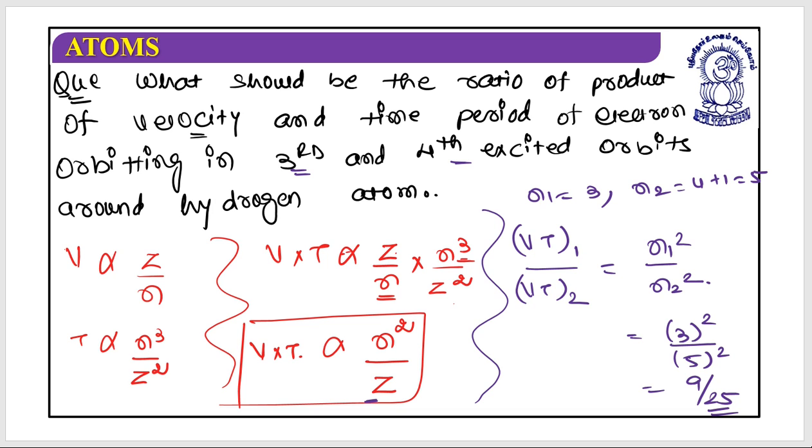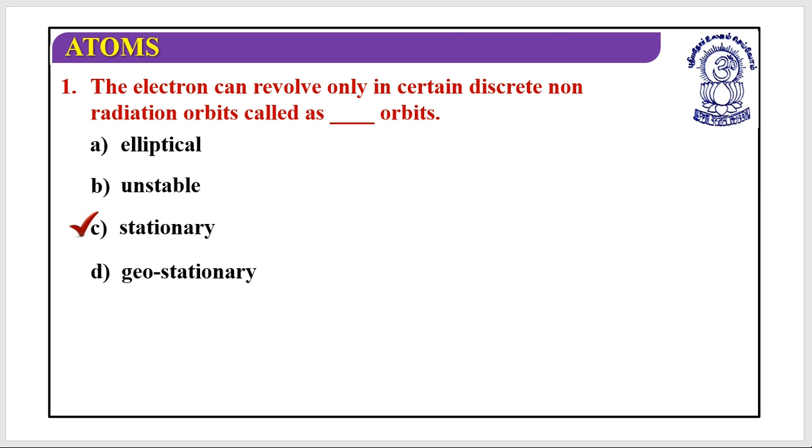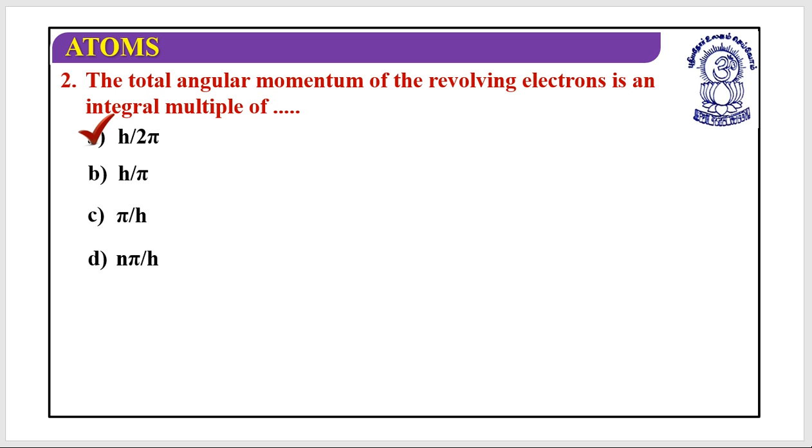You can certainly do this kind of questions. Yes, so let's look at certain quick questions. The electron can revolve only in certain discrete non-radiating orbits, which we call the stationary orbits. The second statement says the total angular momentum of the revolving electron is an integral multiple of h by 2 pi.